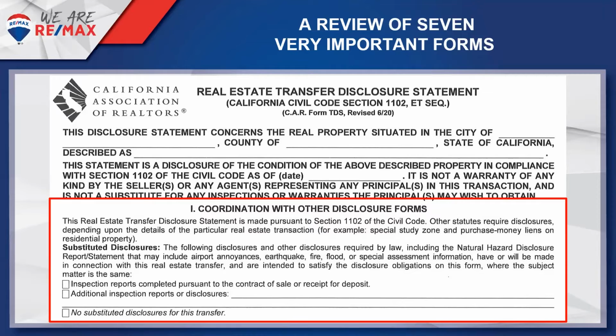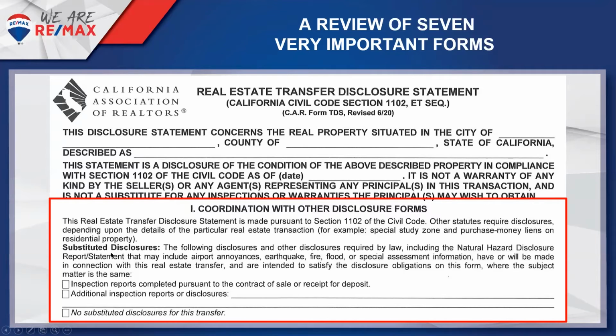And of course, maybe we would have inspectors who would be willing to complete this form by making a substituted disclosure of all of the information that the TDS requires. So they come up with this phrase, substituted disclosure. Well, guess what? The inspection industry immediately said, there's no way we're going to make disclosures on behalf of the seller.